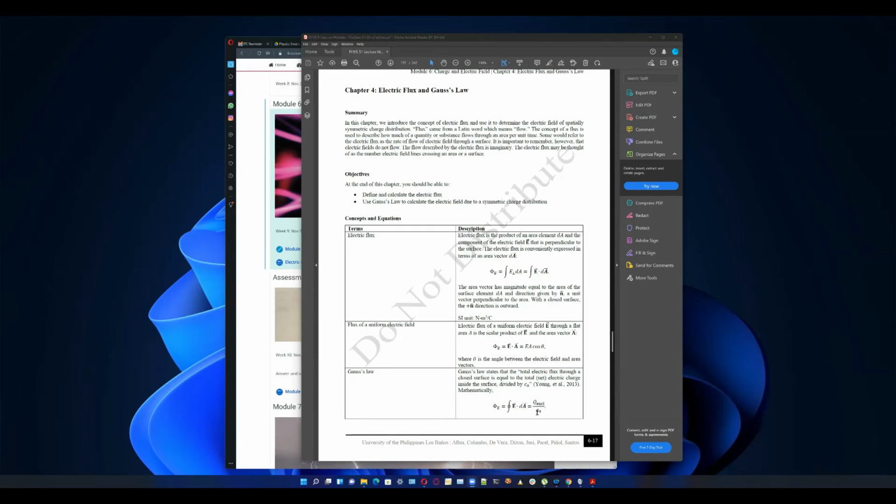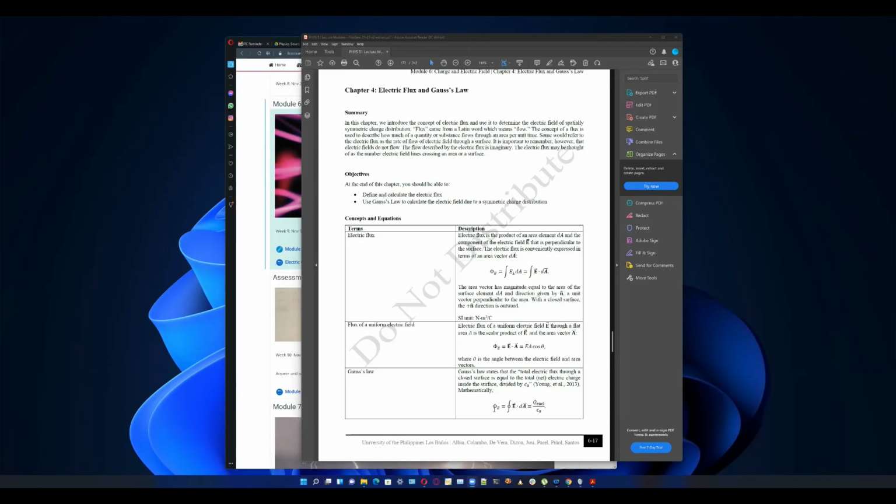So, with this simple equation, flux is equal to Q over epsilon sub 0, you can now determine the charge Q of a distribution if you know the flux, or if you know the number of electric lines passing through the surface, because epsilon sub 0 is a constant. That's the idea. And that makes things easier to compute, no? Because that's all you have, Q over epsilon sub 0, to determine the flux.